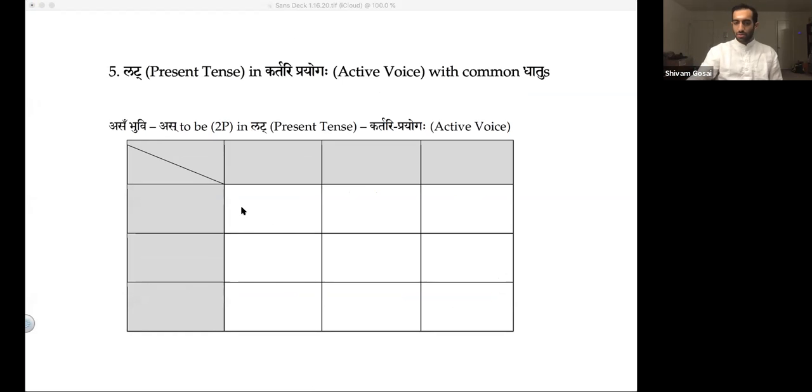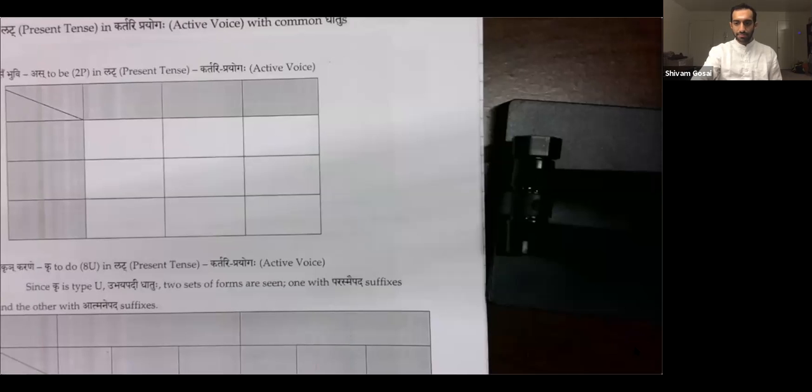What we'll do is start writing some of these, and for the sake of time, maybe we won't write all of them, but just parts of them. So let me share my camera with you, and then you can see what I'm looking at.